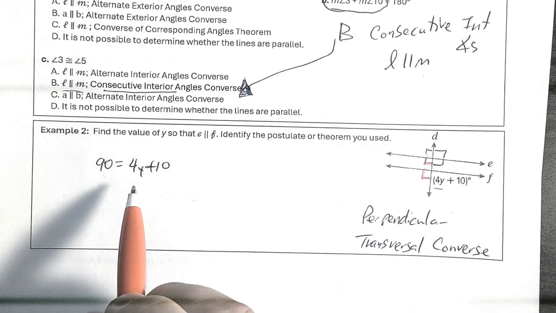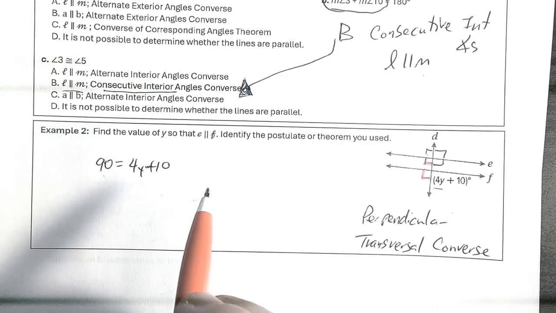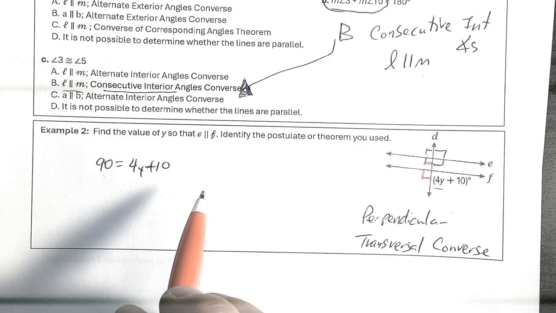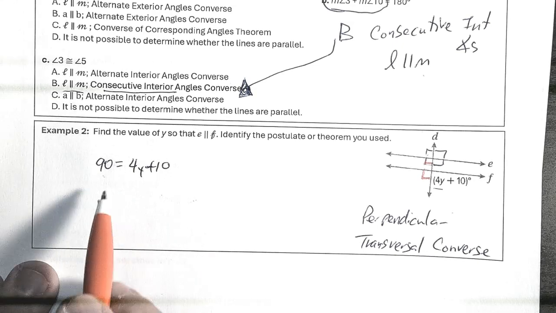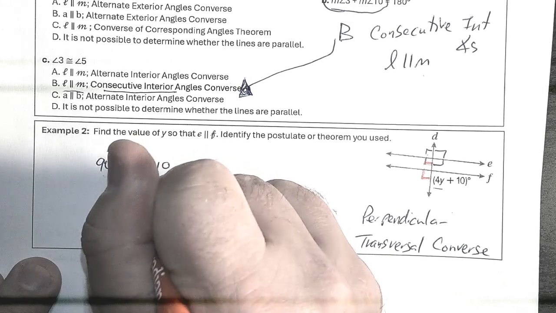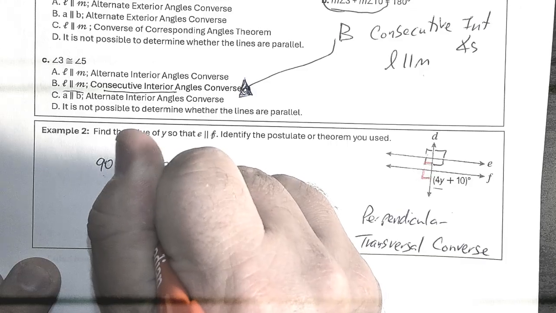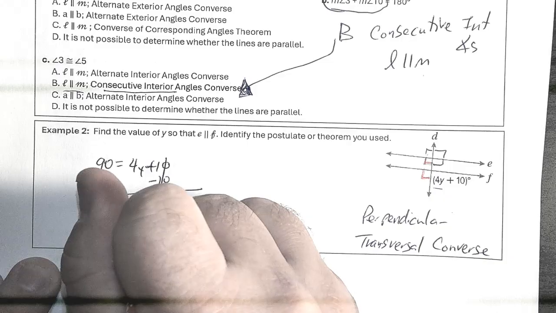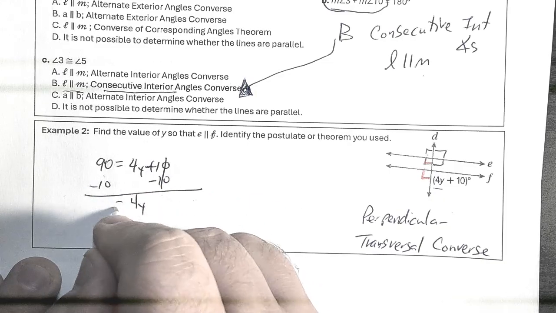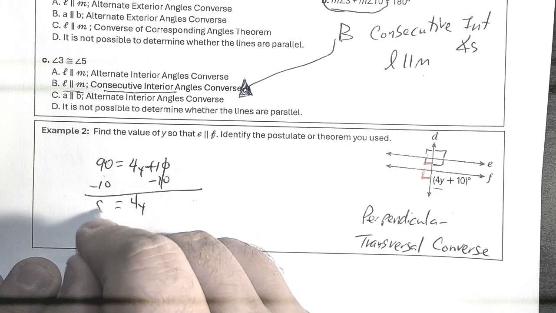So 90 equals 4y minus 10. We want y by ourselves, so we add 10 to both sides. Our 4y comes down, equals, and then 90 plus 10 is 100.